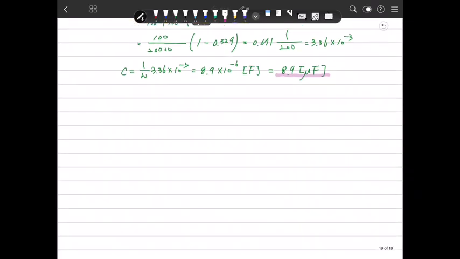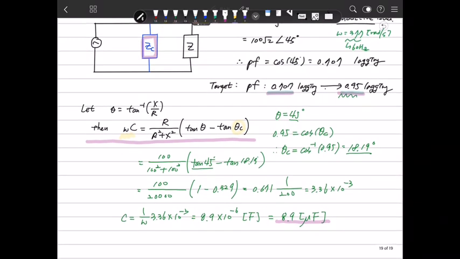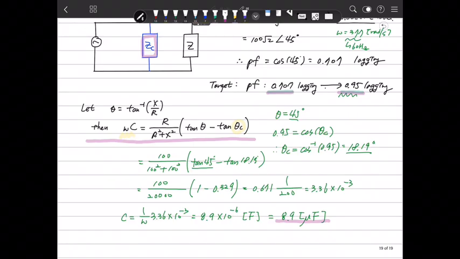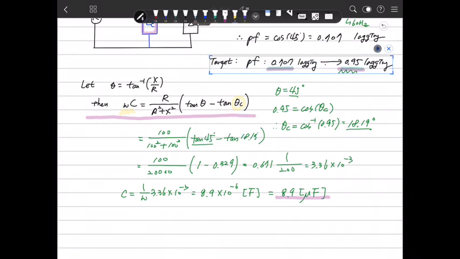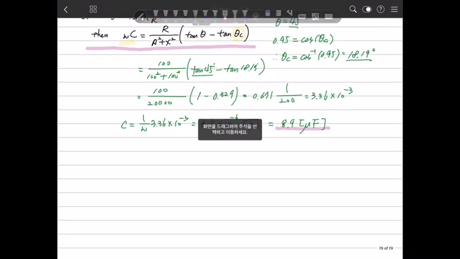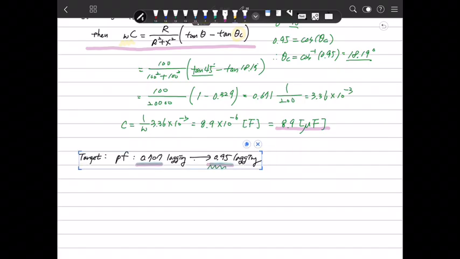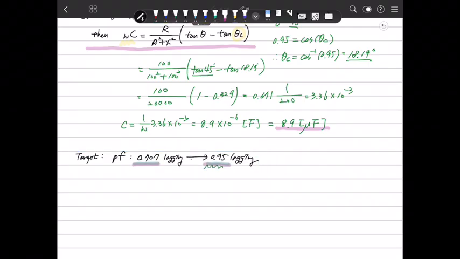So in another example, if you want a power factor other than 0.95, you can change the target. Another target, not 0.95, our target is 1.